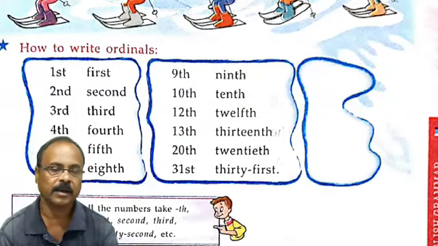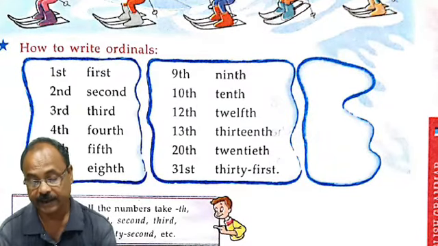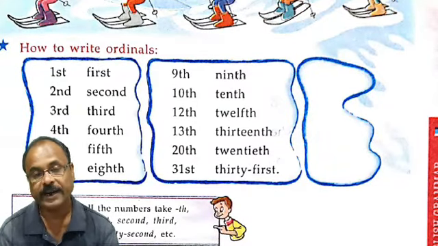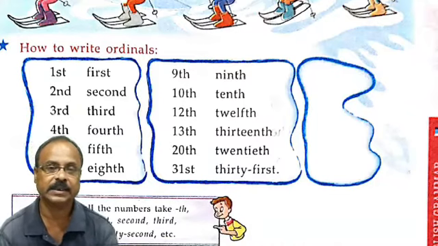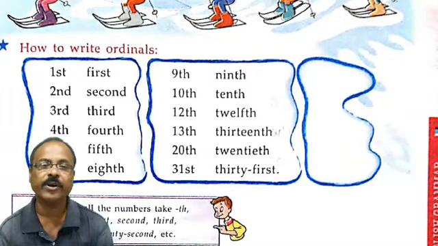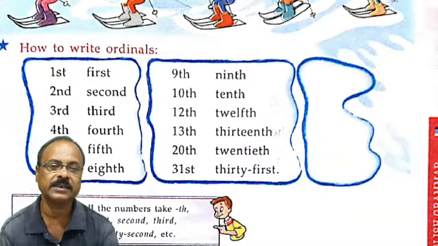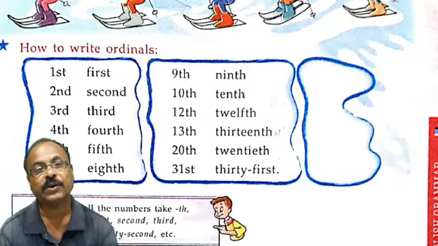Then comes 20. 20 is read as twentieth. Then comes 21. 21 is read as 21st. Then 22 is read as 22nd. 23 is read as 23rd.